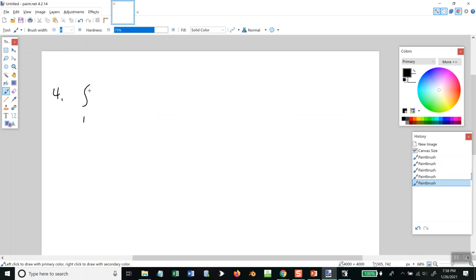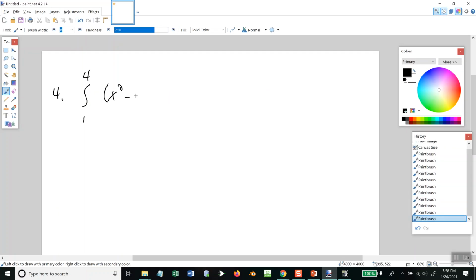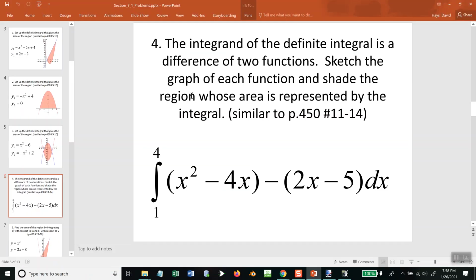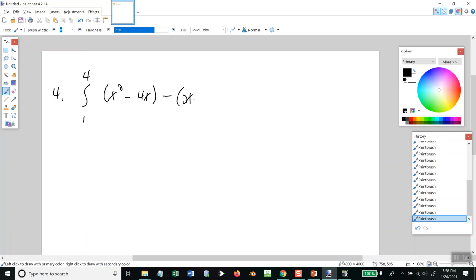Okay, so 1 to 4, x squared minus 4x minus 2x minus 5 dx. You can do it by hand, or going backwards, this is your y equals x squared minus 4x, and this is the y equals 2x minus 5.